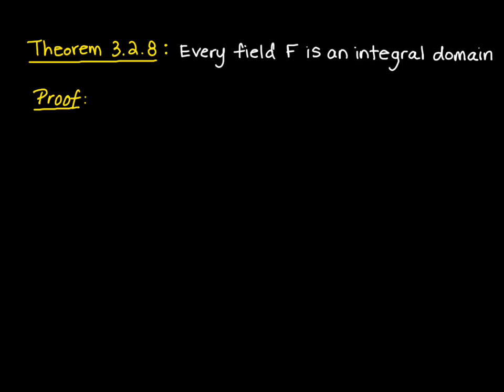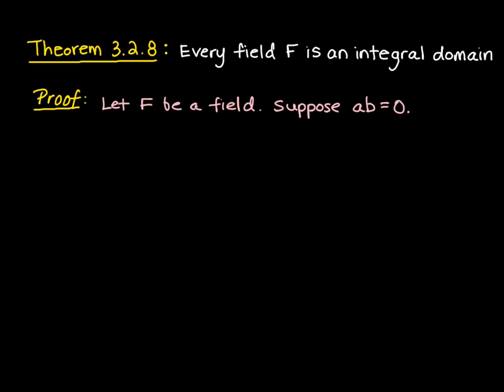To prove this, we'll start by just letting F be a field. We want to show it's an integral domain, so we're going to assume that we have the product of two elements in the field, A and B, equaling 0.